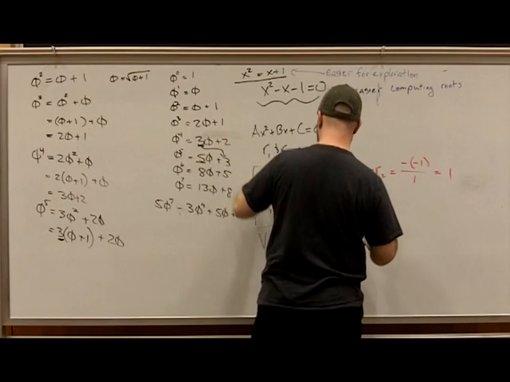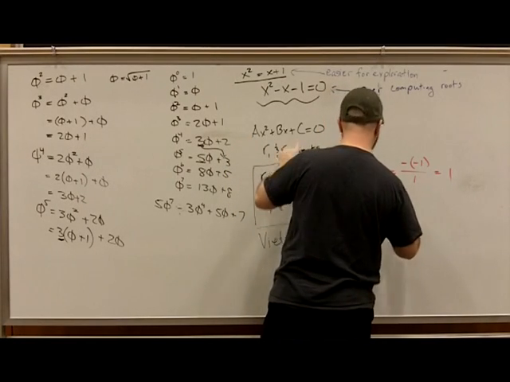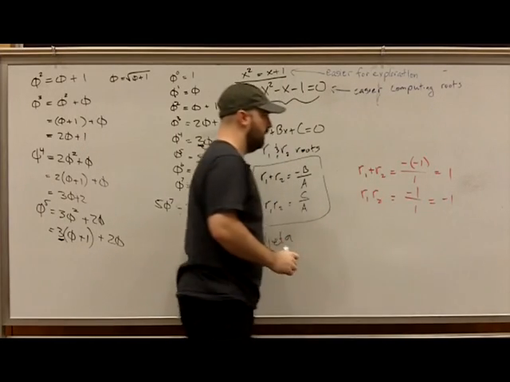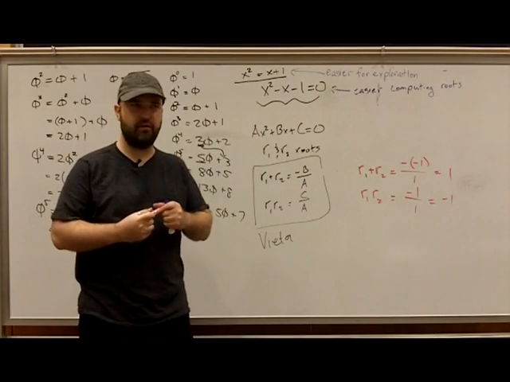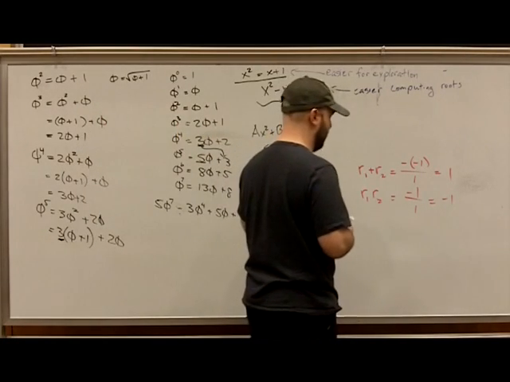And then the product of the roots is negative 1. Both of these are relatively simple relationships. The sum is 1, the product is negative 1.